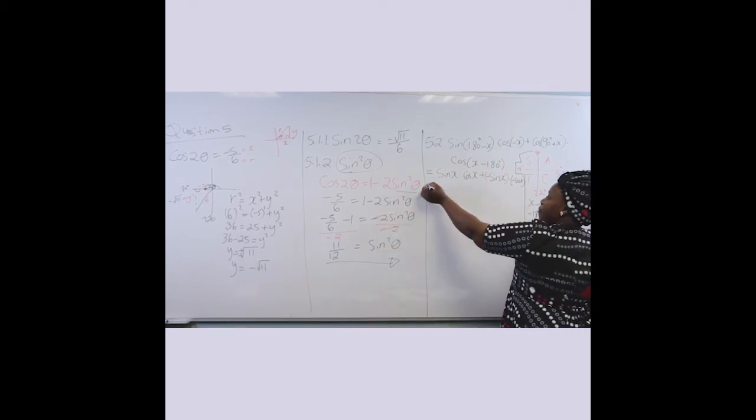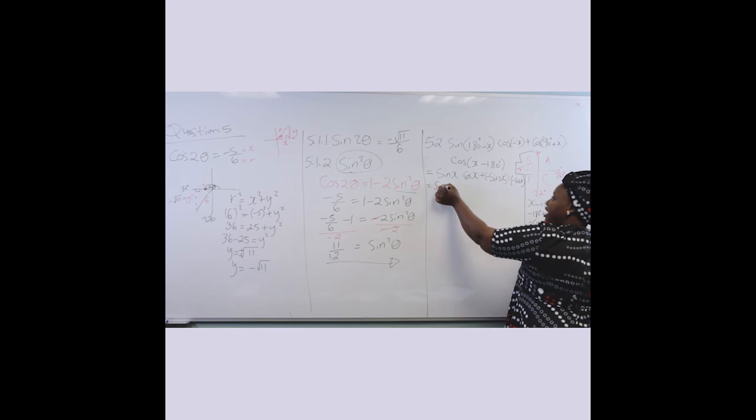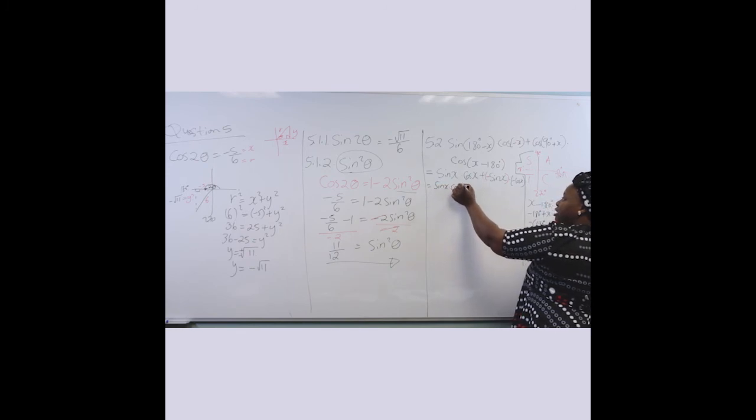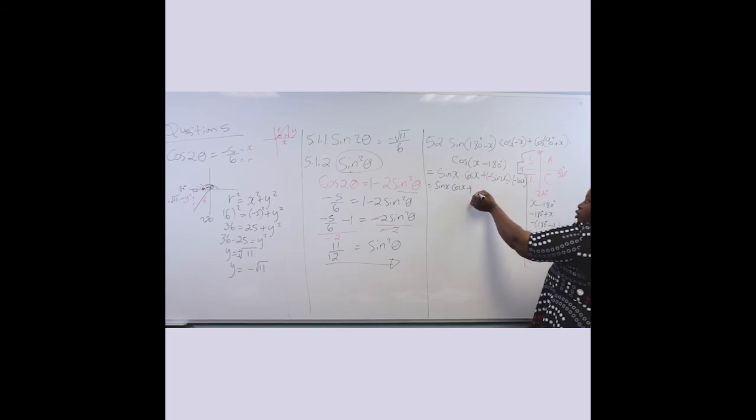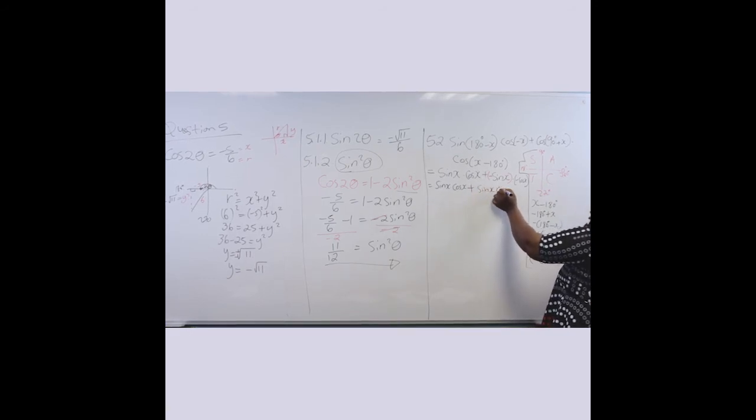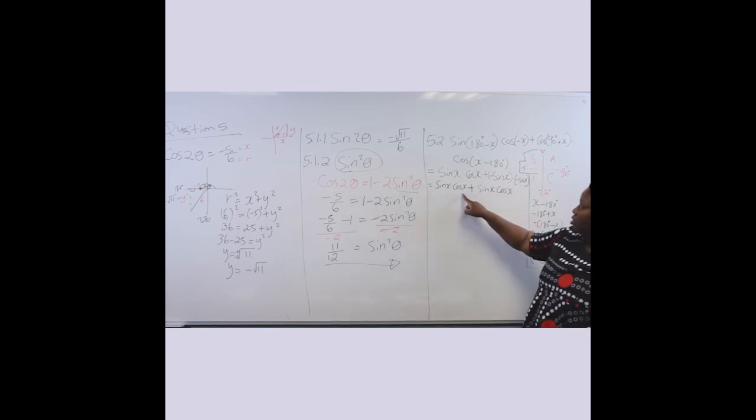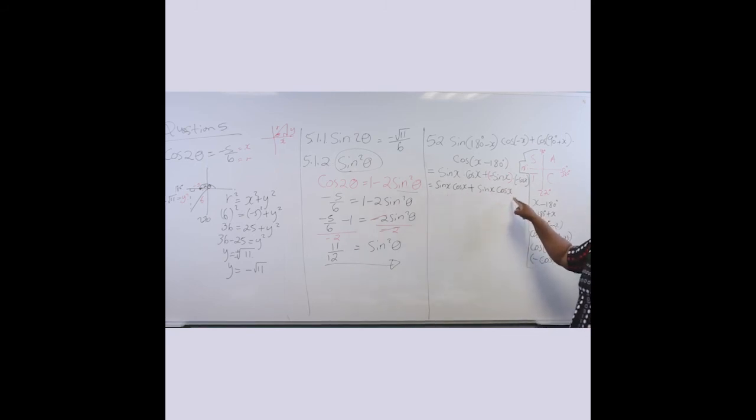Then we start multiplying out the negative. This is sine x times cos x. The negative times a negative will give me a positive. So we remain with positive sine x times cos x. Now, if you look at it, we have cos x sine x, sine x cos x. It's like we are having the same term twice.